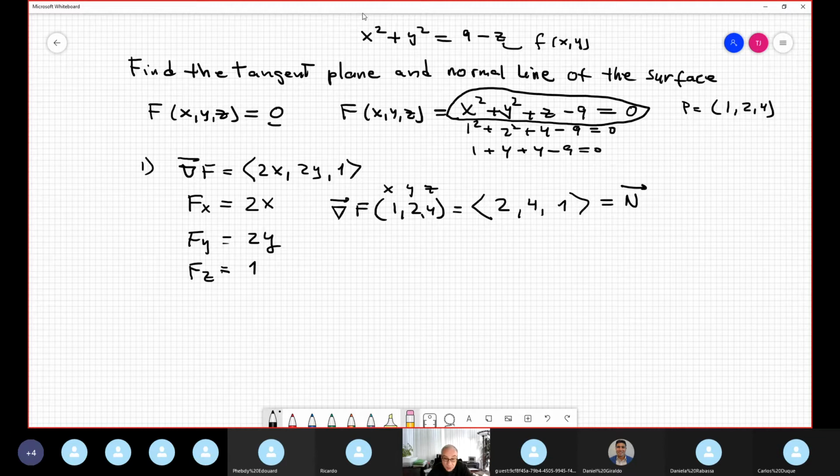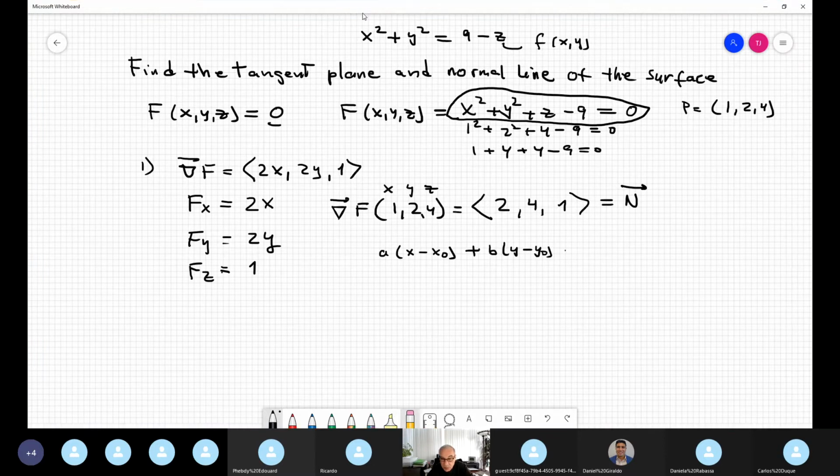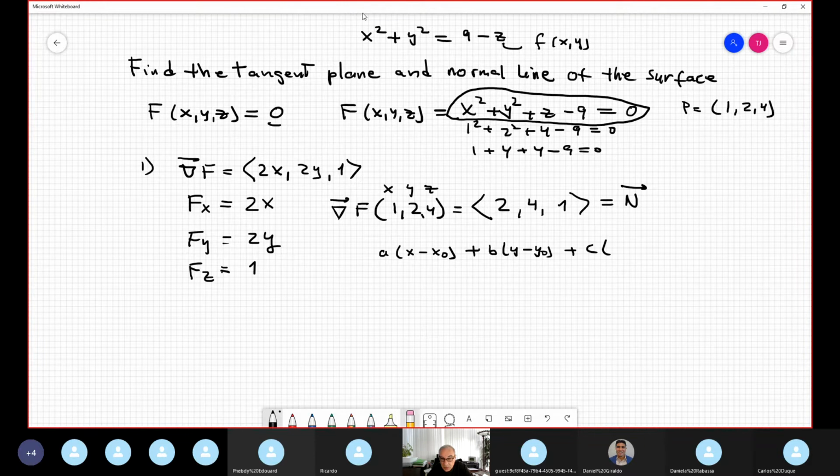We're using the formula, no? The formula is, you take the components, I suppose that these are the coefficients of the plane. Remember, the plane is a times x minus something plus b times y minus something plus c times z minus something equal to 0, no? There's one possibility to write this.